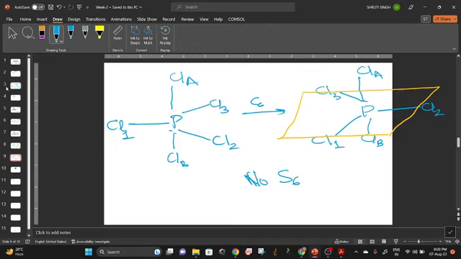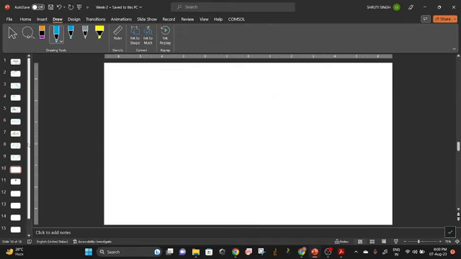Now what are the other elements present in here? Let's finish that also. Why leave it? What are the other elements? C3 we saw.